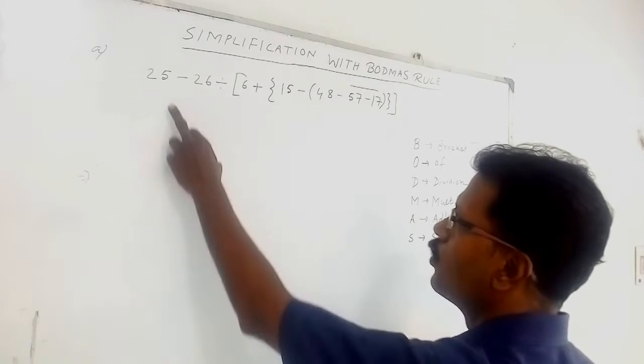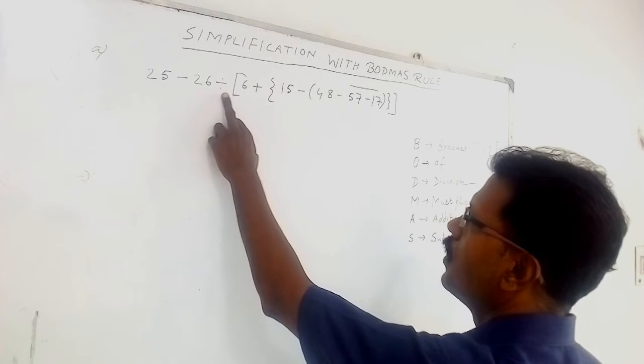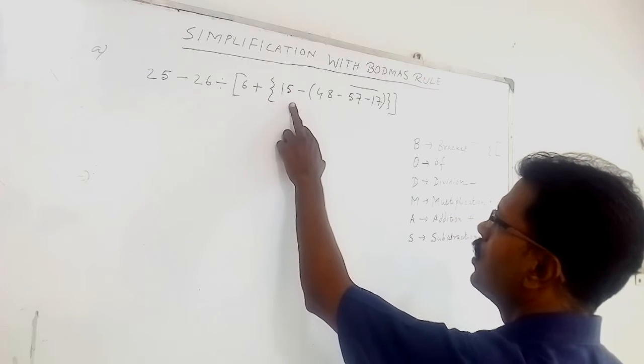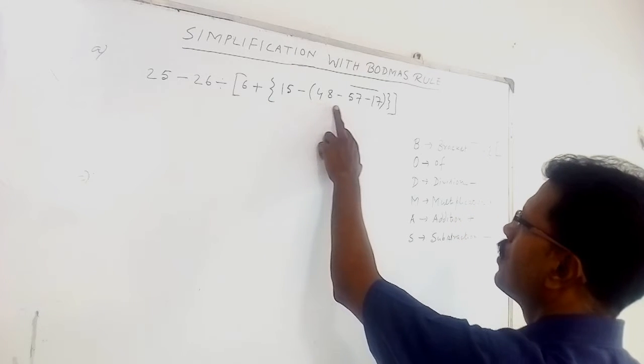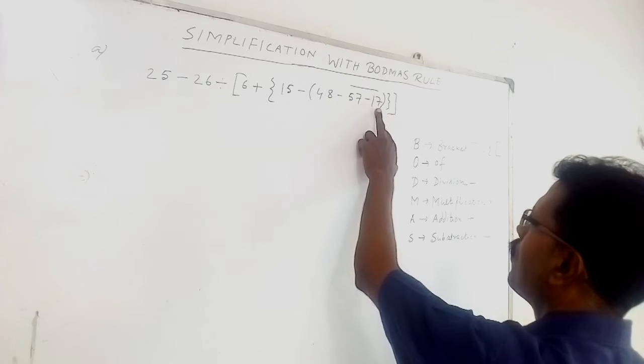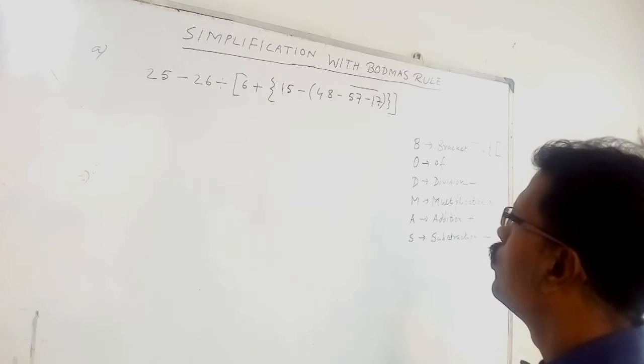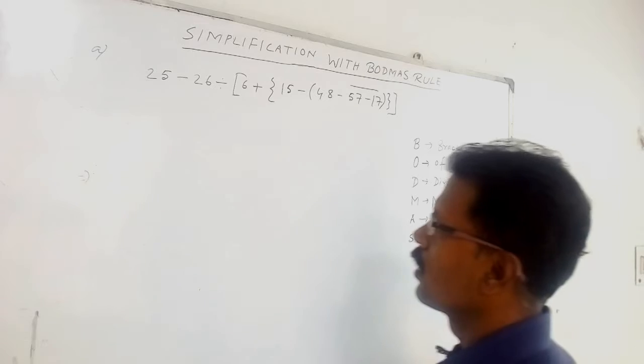Here it is 25 minus 26 divided by third bracket 6 plus second bracket 15 minus first bracket 48 minus the line bracket 57 minus 17. So first we have to do the work of the line bracket.